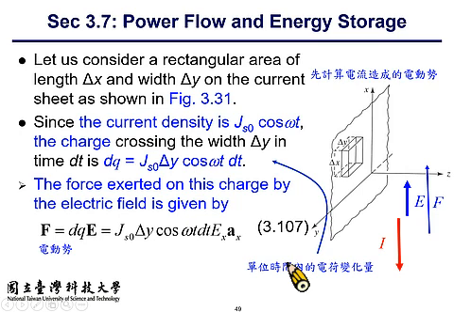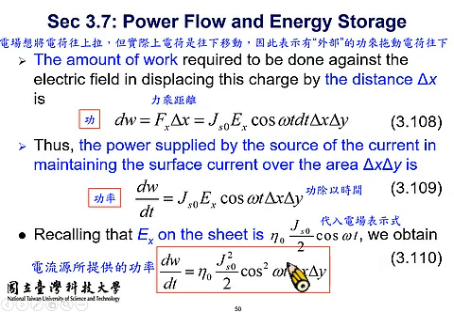W equals what? W 等于什么？W 等于 Fs 啦。So s is the distance. Force times distance equals work. So at a unit time, the work dW equals the force, which is in the x direction, times the distance traveled by those charges.